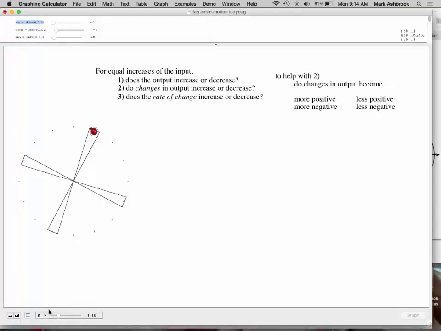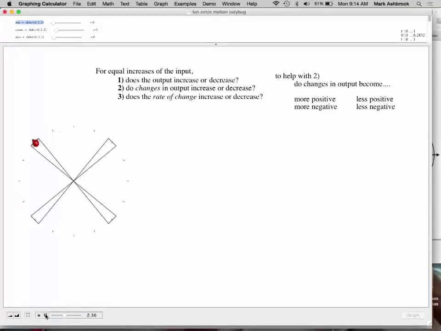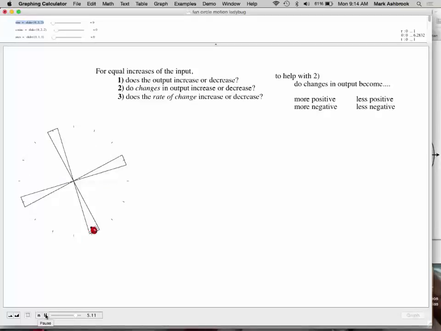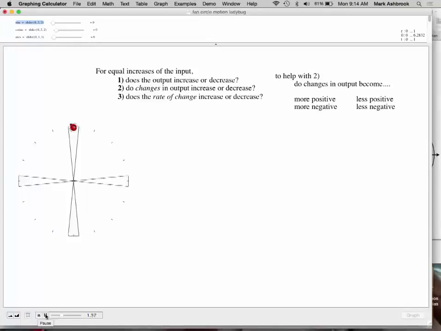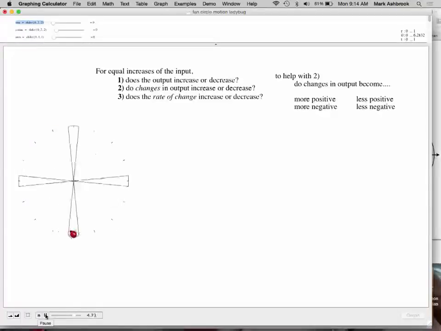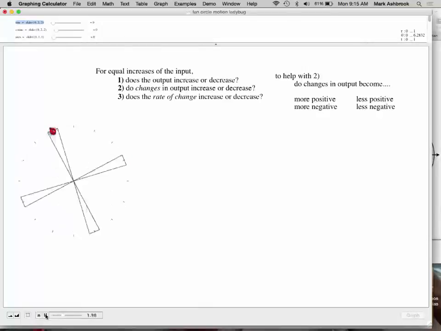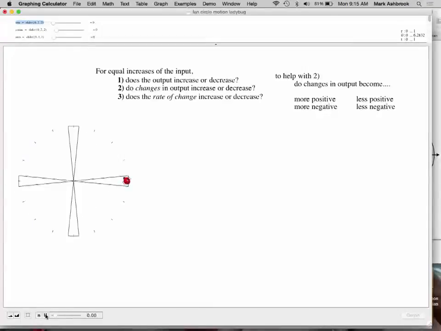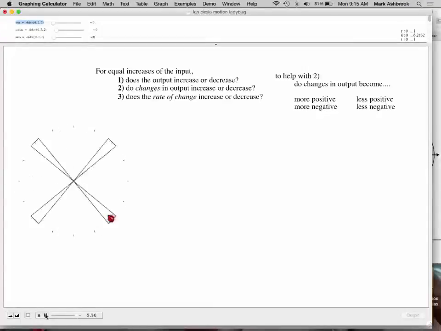So for equal increases of the input, that's our angle measure, does the output increase or decrease? Do changes in the output increase or decrease? And then does the rate of change increase or decrease? And to help with number 2, remember, sometimes that got tricky.